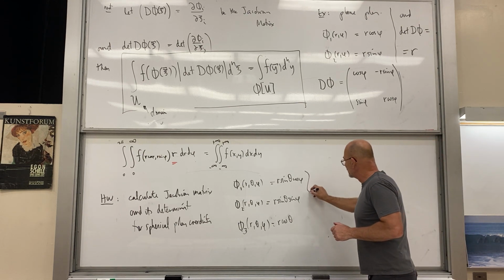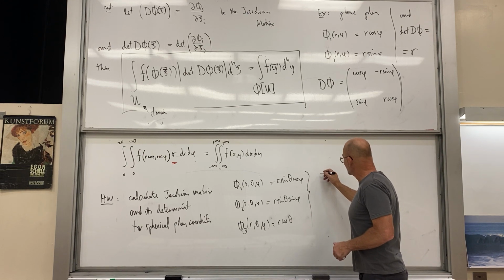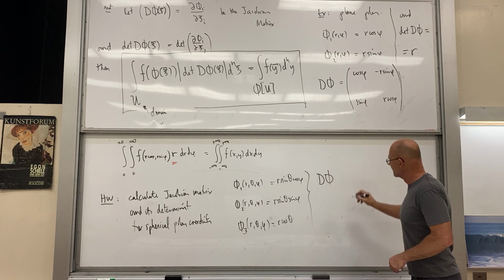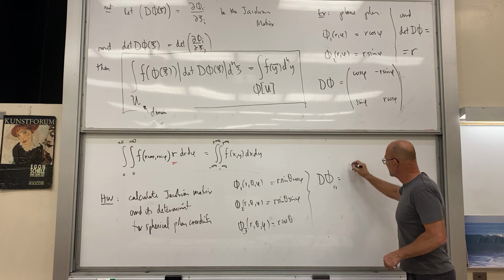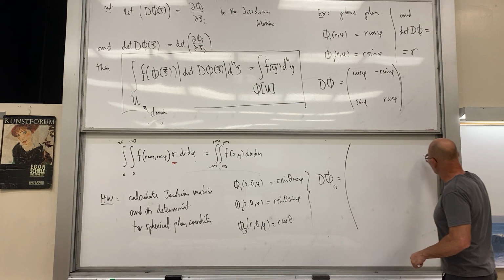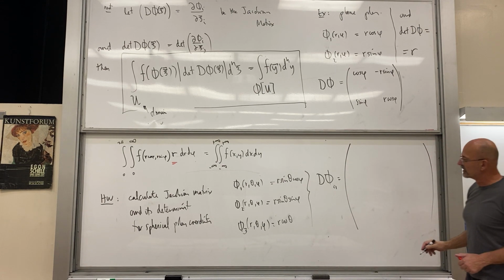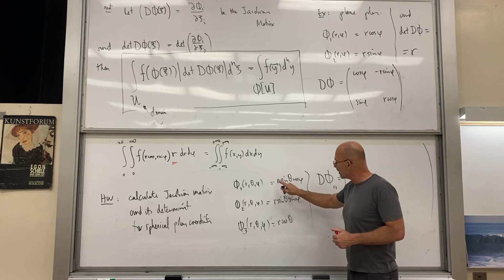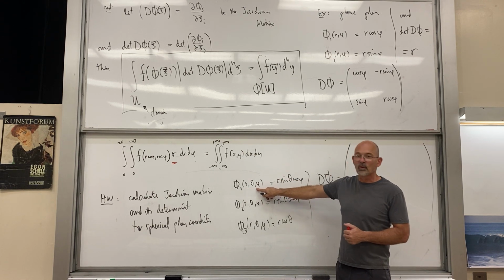Now we have to get this 3 by 3 matrix, so I'm just going to call it d phi ij, to show that it's a matrix. Let's fill in a couple of these. The coordinates 1, 2, and 3 are r, theta, and phi, because that's the order I drew them in.